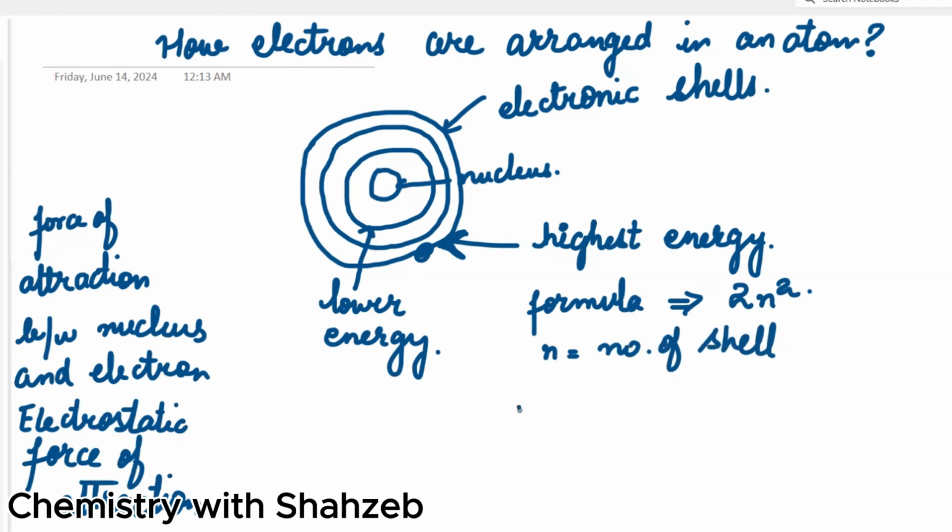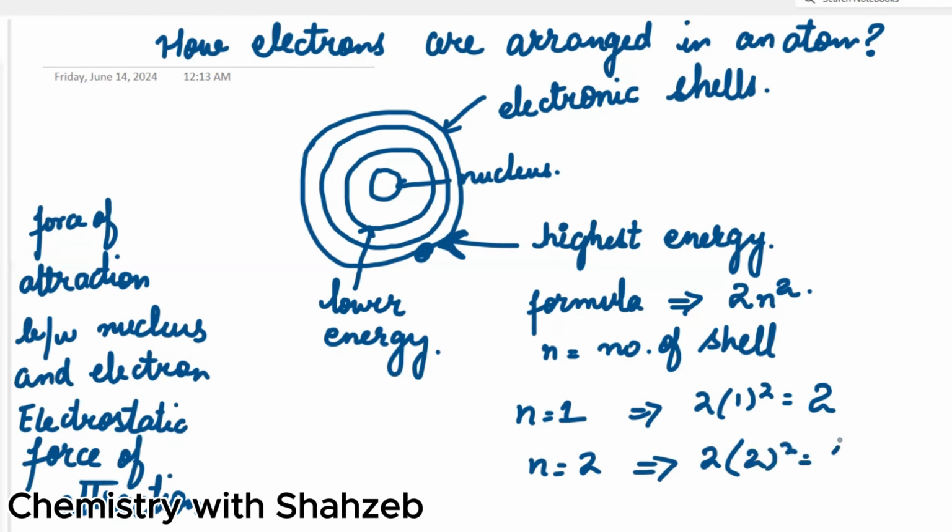Like for example, if n is equal to 1, then number of electrons would be 2 times 1 square, and that would be 2. If n is equal to 2, then the formula would become 2 times 2 square, and that would become 8. If n is equal to 3, then it would become 2 times 3 square, which is equal to 18.